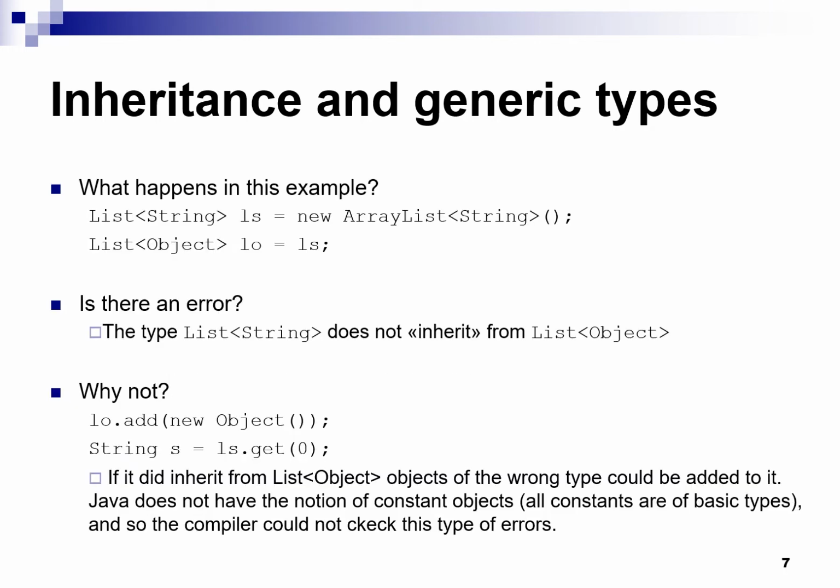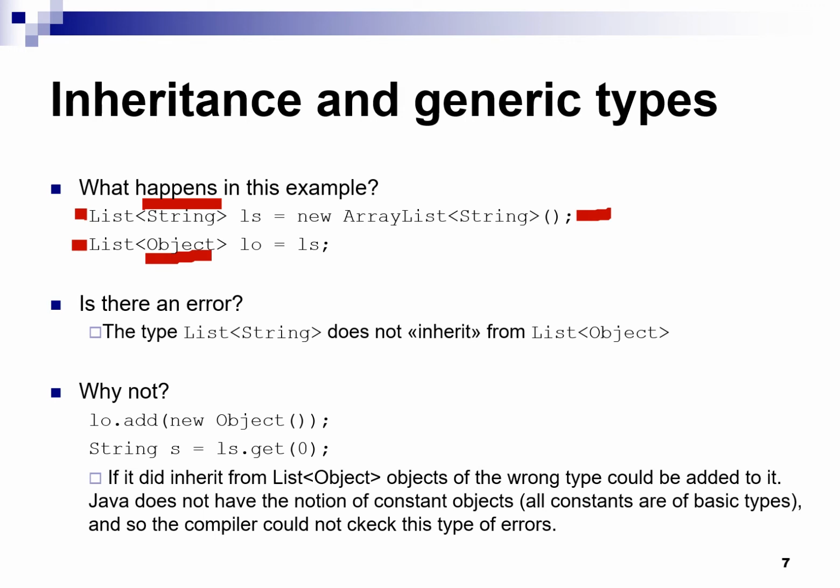Right, so let's now think about what's the relation between generic types in case there is an inheritance relation between the parameters. So we have a list of String and a list of Object. Recall that String is a subtype of Object. So here I'm creating an ArrayList of Strings, and I'm trying to do this assignment.